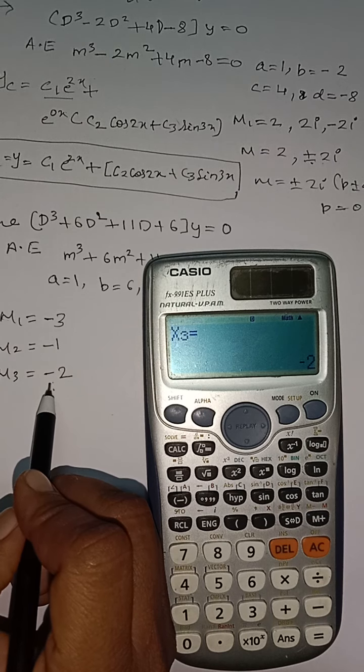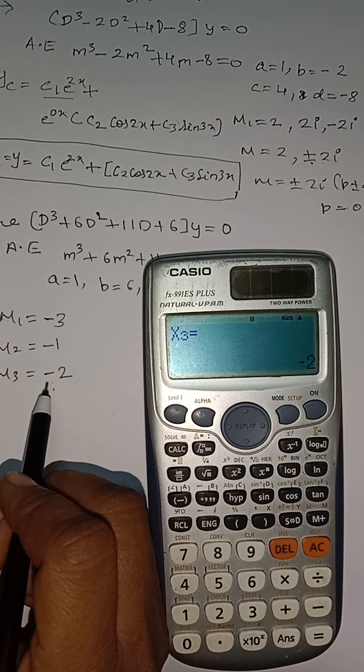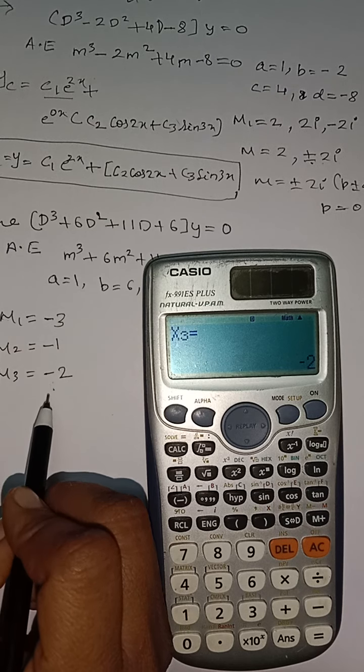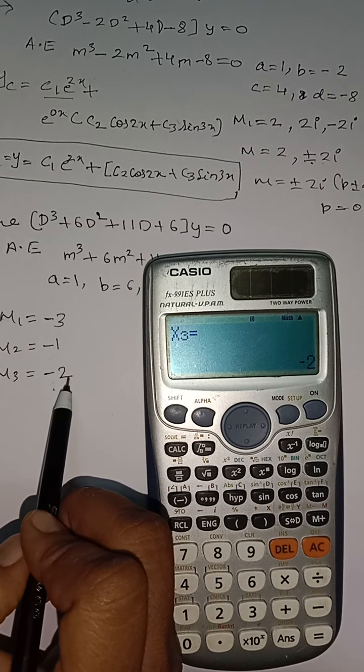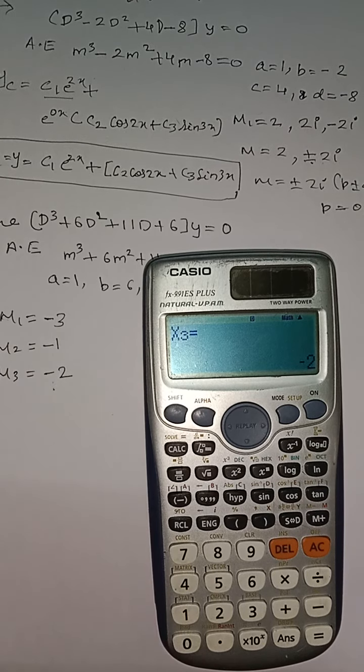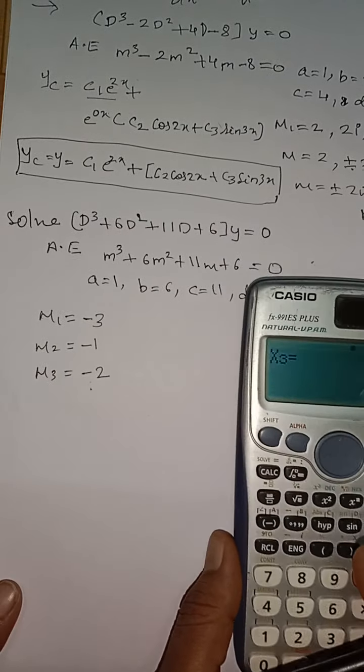And what are the roots you have obtained? The roots we have obtained here are -3, -1, -2. Hence, now write the complementary function.